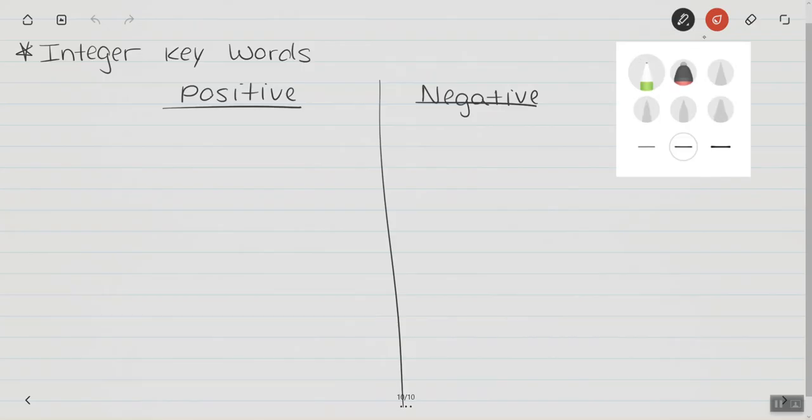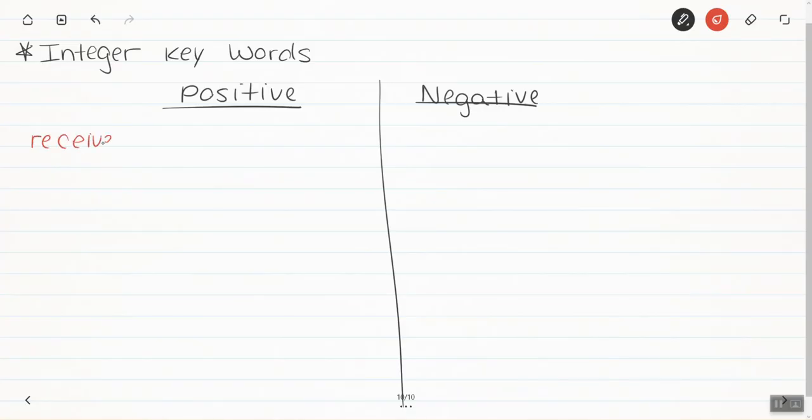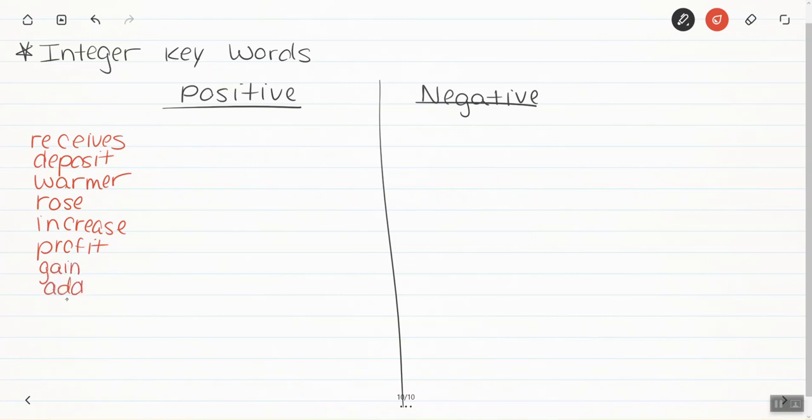So just some words that we've been talking about include receives, deposit, warmer, rose, increase, profit, gain, add, extra, ascends, and credit. So those are some examples of positive words, and we can add to this as we continue to go.